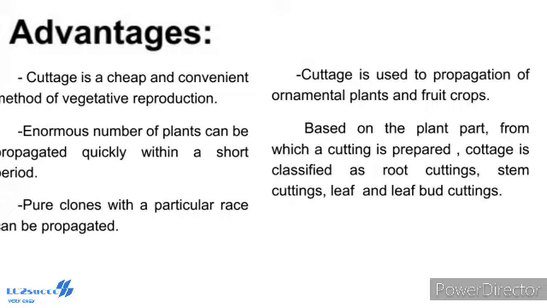It is used in the propagation of ornamental plants and fruit crops. Based on the plant part from which a cutting is prepared, cuttage is classified as root cutting, stem cuttings, leaf cutting, and leaf bud cuttings.